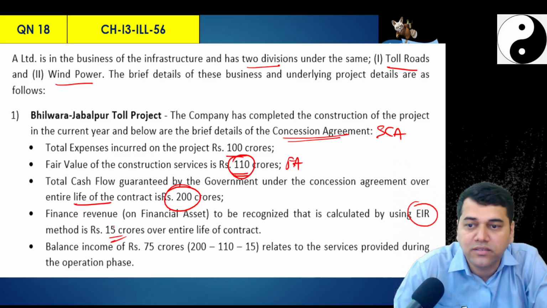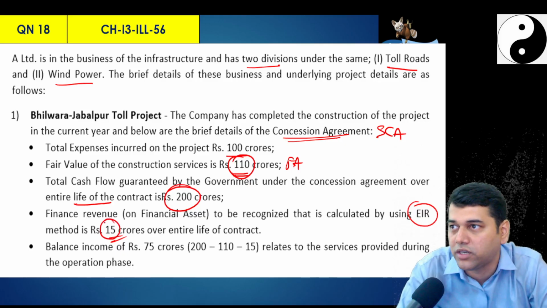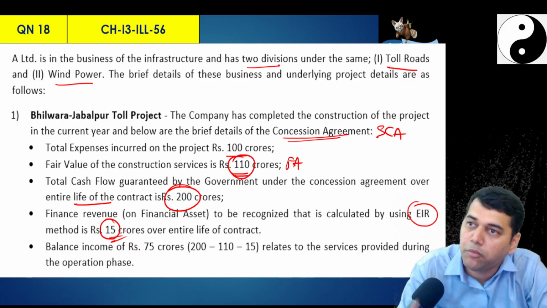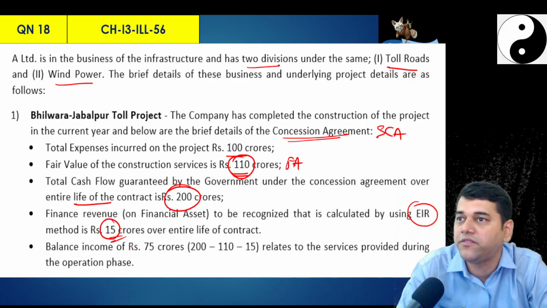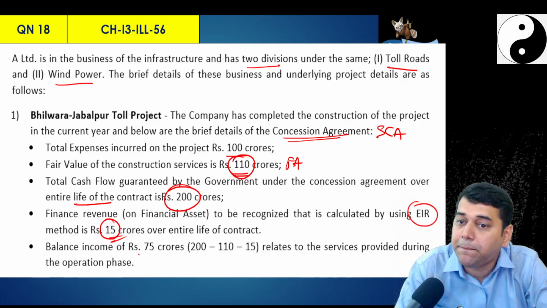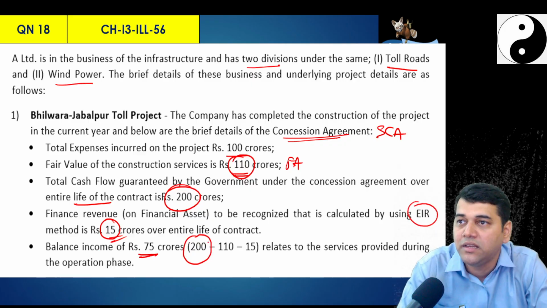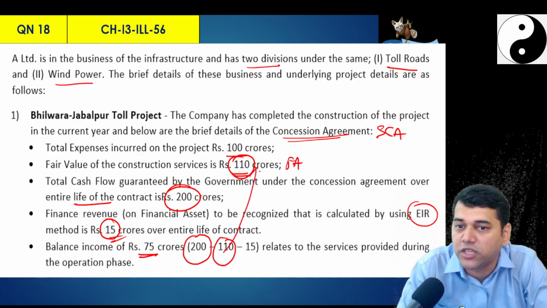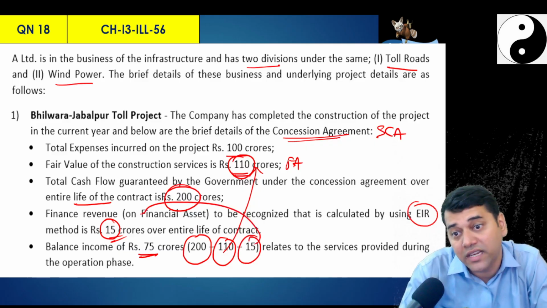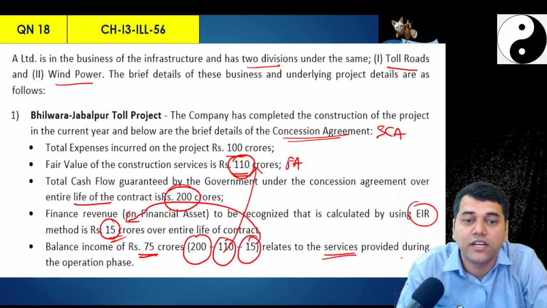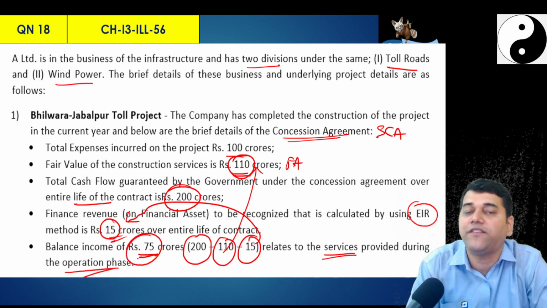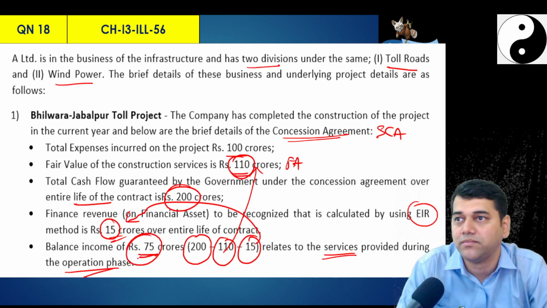If you amortize, they didn't ask you to calculate the amortization schedule. The amount of interest income is 15. And the balance income, what is this balance income? 200 crore what the government guaranteed, minus 110 what you allocated to the construction, and the 15 interest component is related to the services during operation. That means 75 is your operational income.